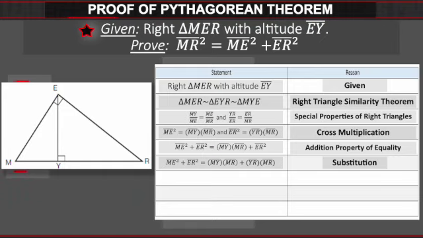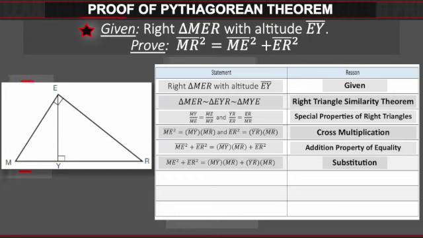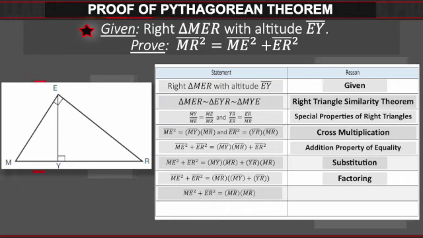The reason we substituted is so we can do factoring, since the right side has a common factor, which is MR. So we factor out MR, and inside the parentheses would be MY plus YR. On the left side, nothing changed. Next, segment addition postulate. MY plus YR is equal to MR.